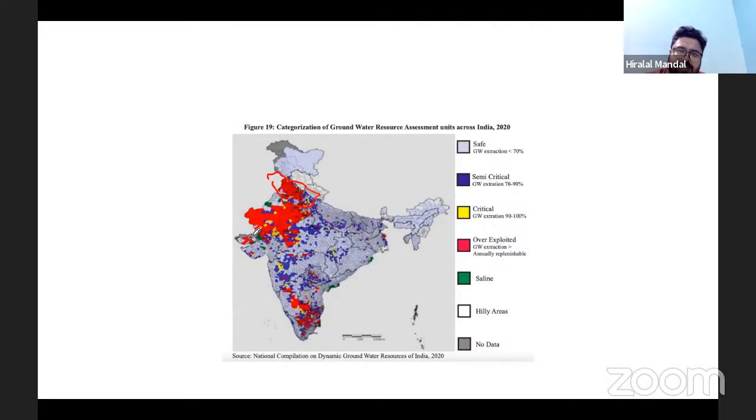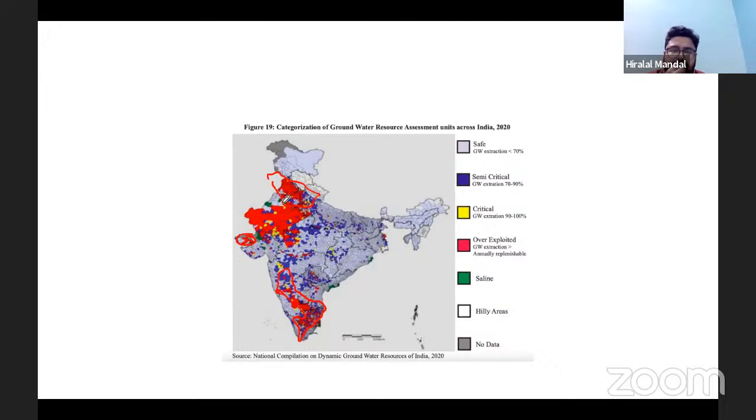You can see some regions in Gujarat, the Kutch region, and some areas in Andhra Pradesh and Tamil Nadu, where water extraction is comparatively higher and overexploited. Overexploited here means that the groundwater extraction is higher than the annual replenishable amount. That is the situation you can see in some of the states.